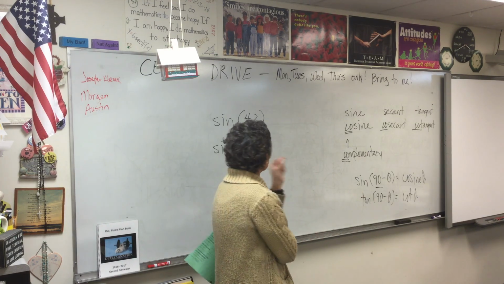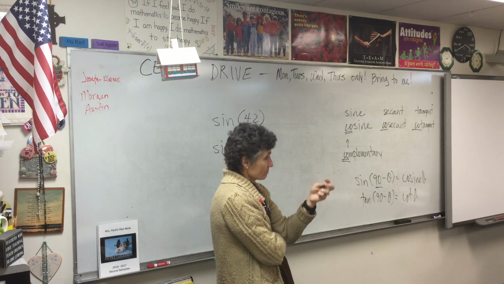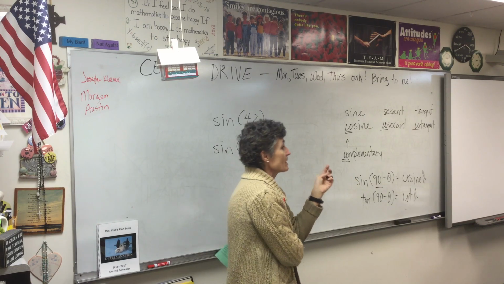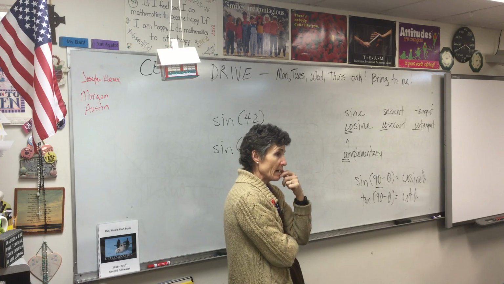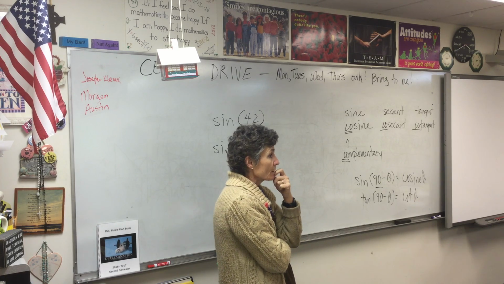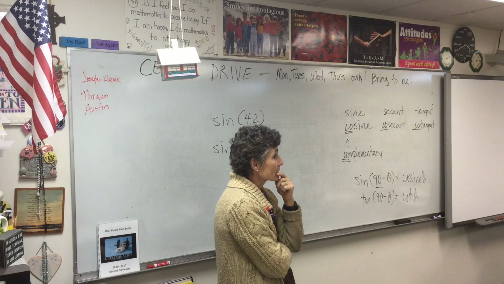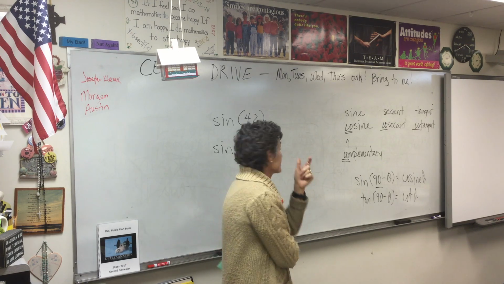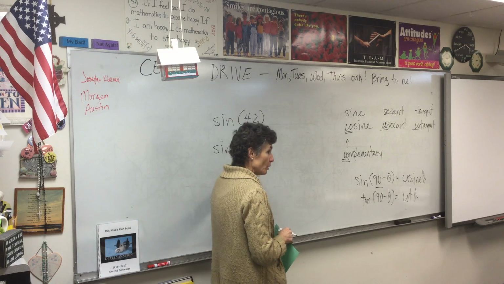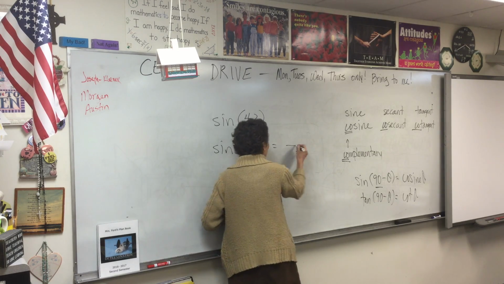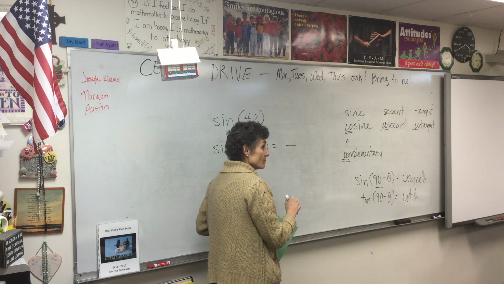When you type in sine 42, you're going to get something. And then when you type in sine negative 42, you're going to get something. Tell me what happens. Okay? Just the number's the same, just one has a negative. Exactly. So in other words, when you inputted a negative, it outputted a negative.